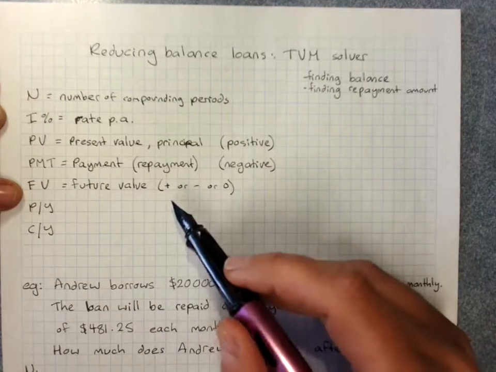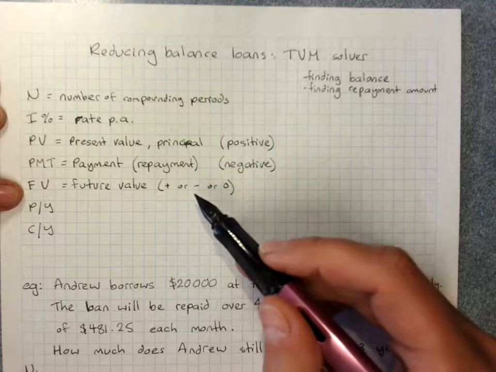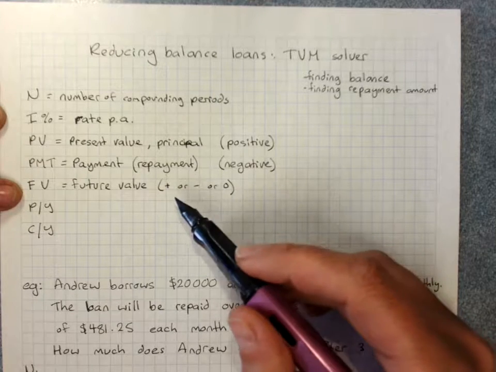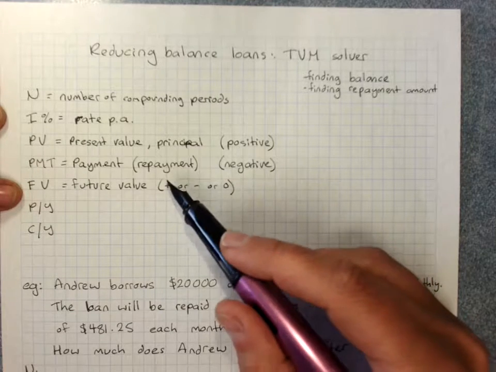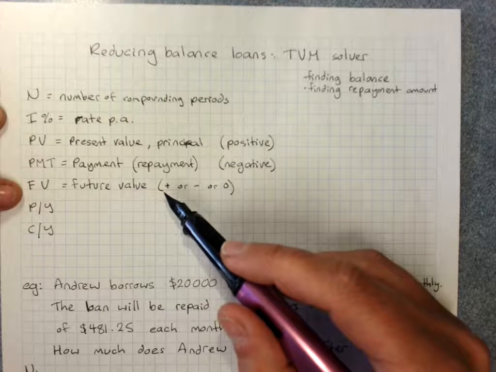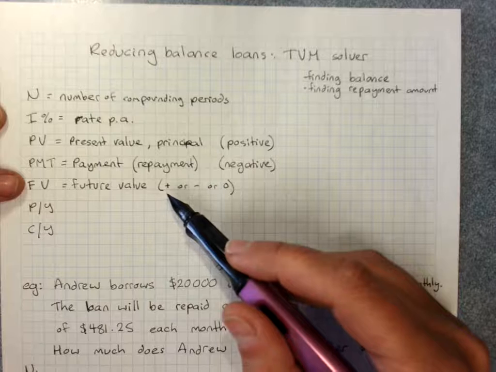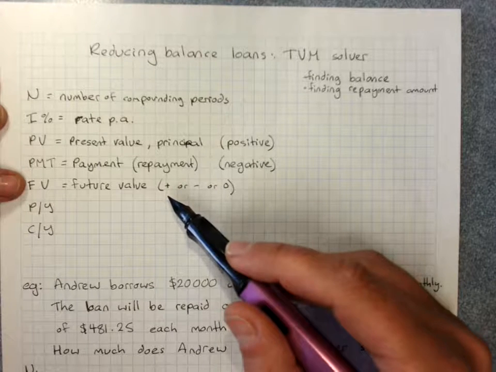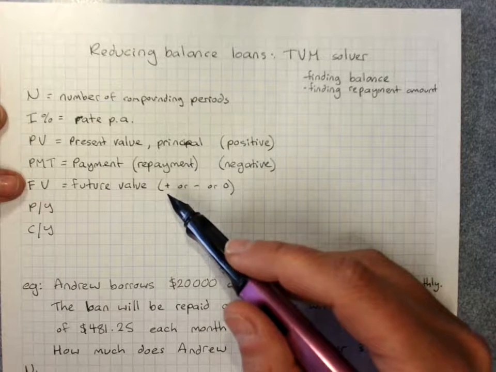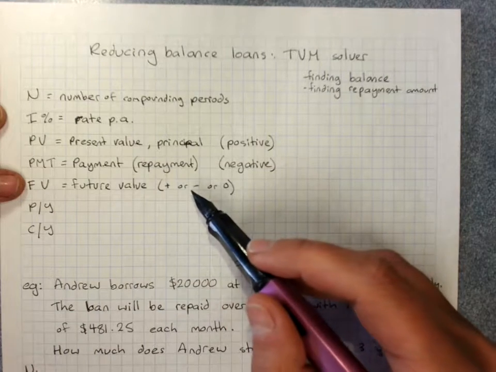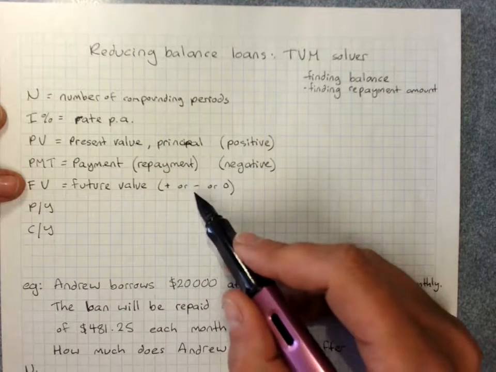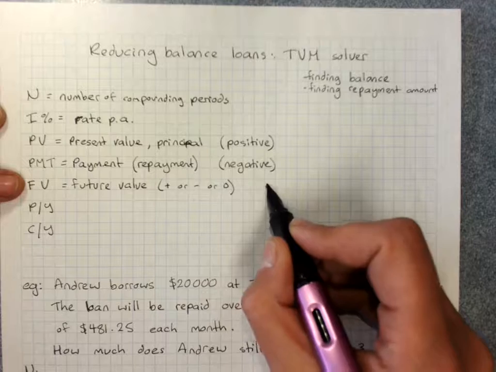It's positive if you have paid too much. Usually not going to happen. So if you've paid off more than you needed to over the whole length of the loan, the future value would end up positive and you would have to get some money back. Not as likely.